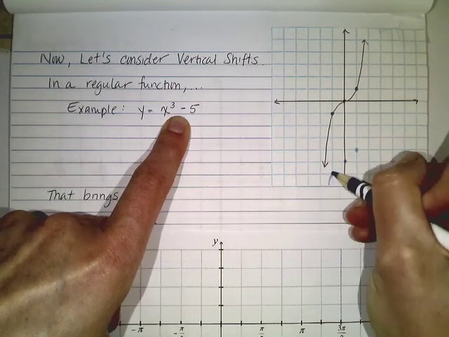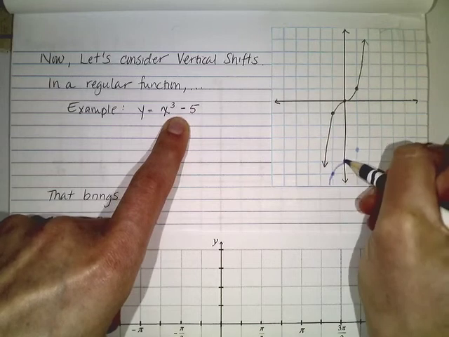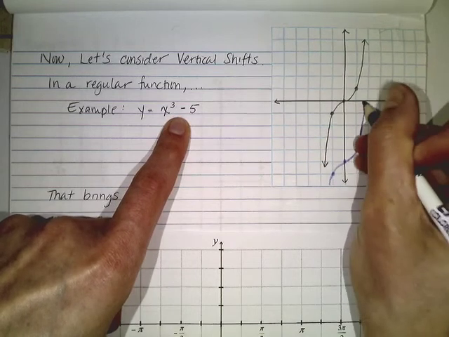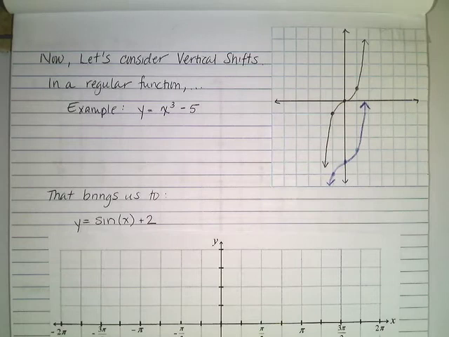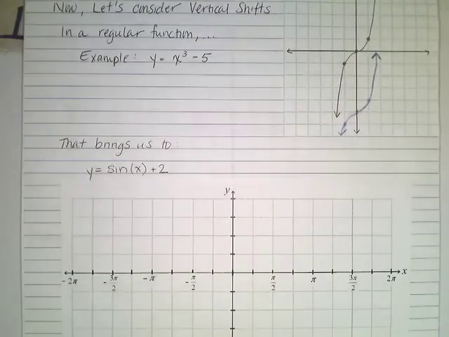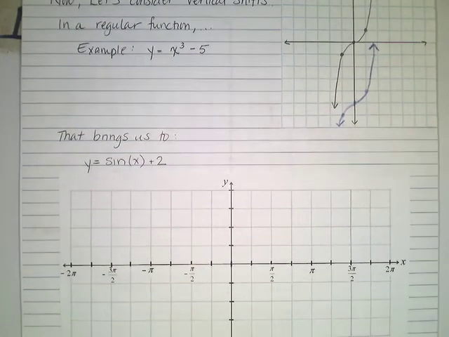It's still a cubic function, like that. It's just on a different location on the graph. So that exact same process, that exact same transformation is what we use for sine, cosine, and all the other trig functions.